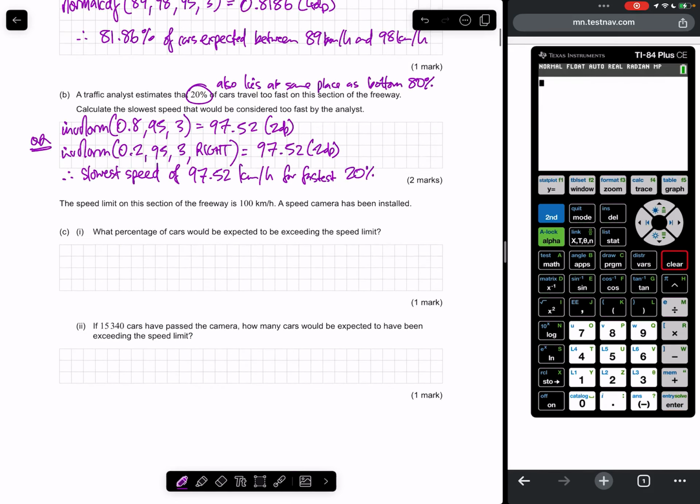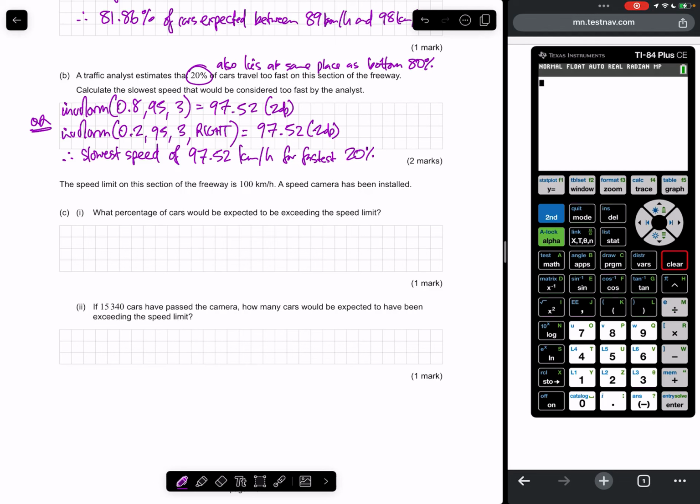Moving on, the speed limit on this section of the freeway is 100 kilometers an hour. A speed camera has been installed. What percentage of cars would be expected to be exceeding the speed limit? So finding the percentage, we have normal CDF. The lower end is 100 because that's the speed limit, and we're saying who's going faster than the speed limit, so that's infinity to the right, or E99. The mean was 95, the standard deviation was 3.